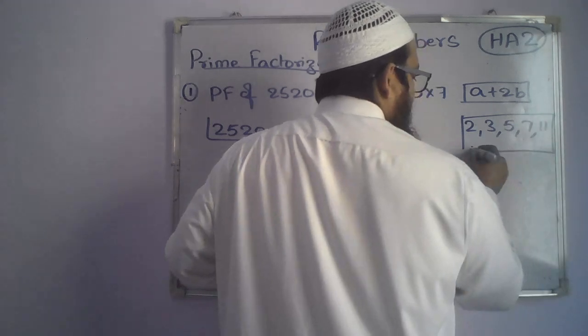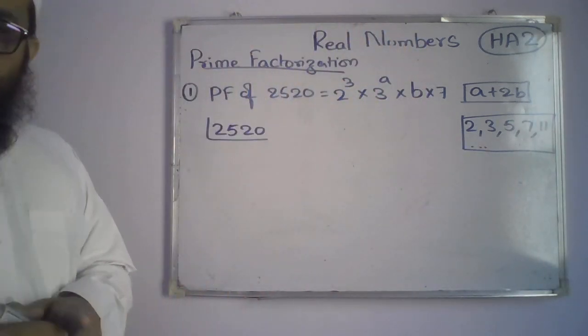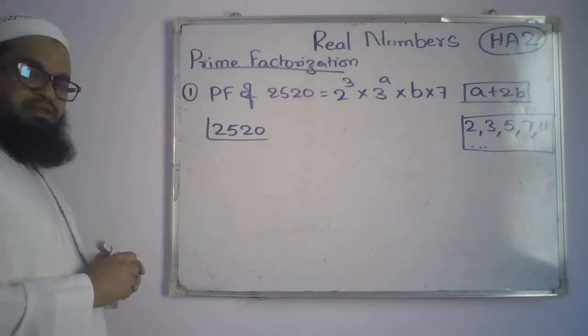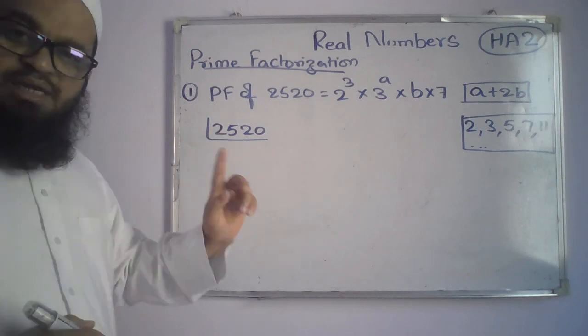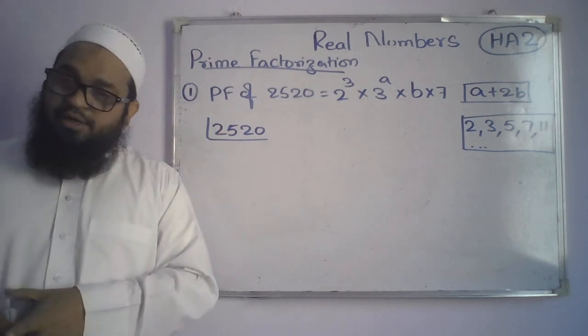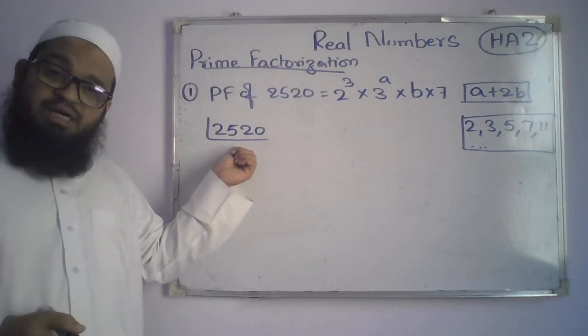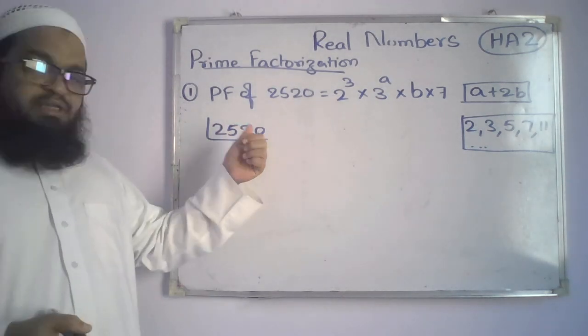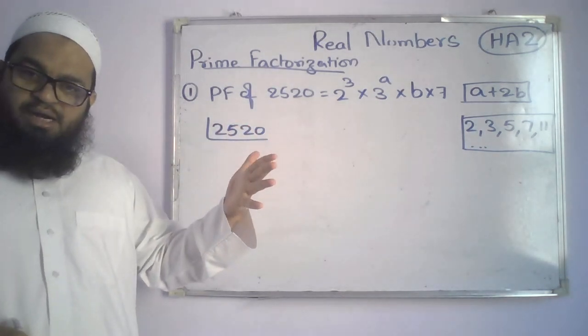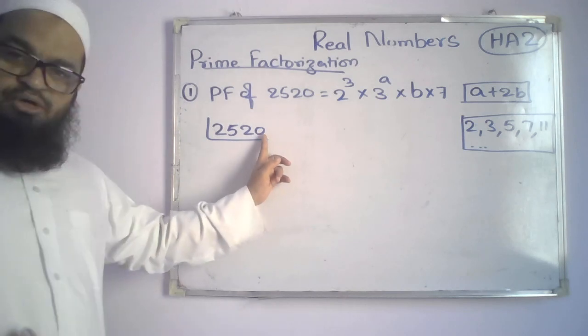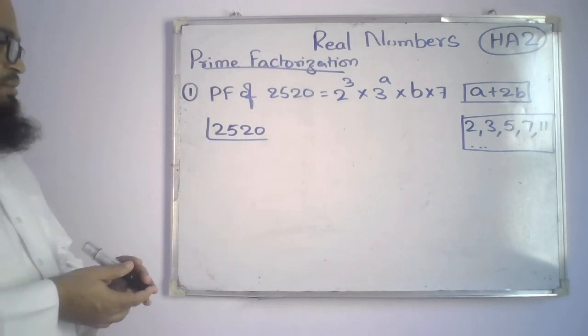So these are the prime numbers. Let us divide with 2. If you have seen the previous video, do you remember the divisibility test of 2? It should end with 0, 2, 4, 6, 8, right? Since it ends with 0, yes, this number is divisible by 2.